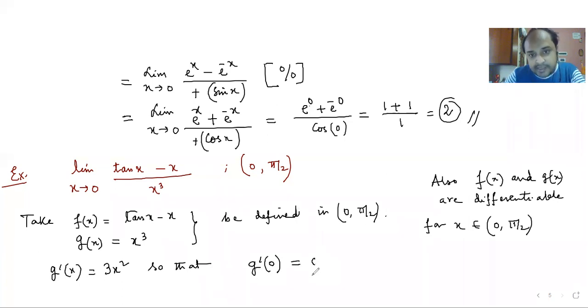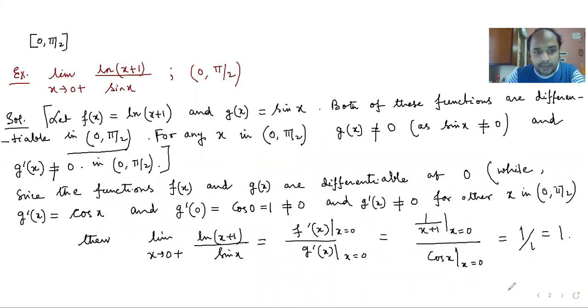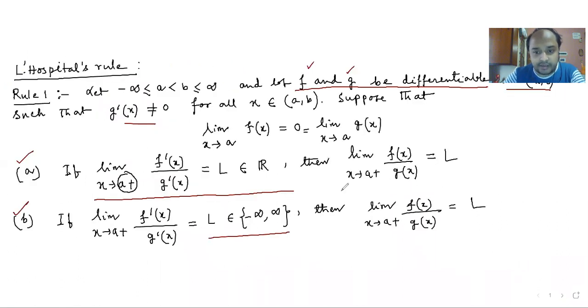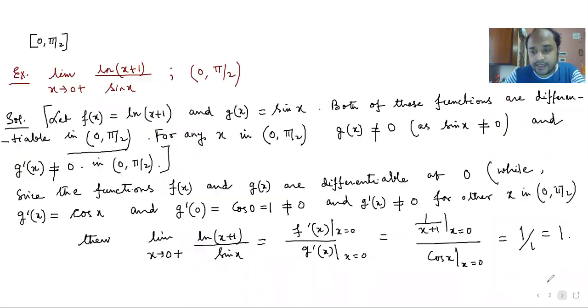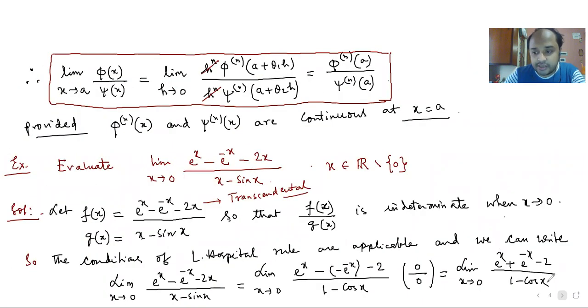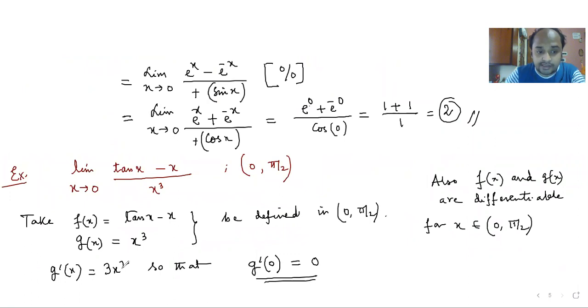Now the problem is that, you see here, g dash, what was my condition in the previous stage? My condition was that I wrote in the very first page, that g dash should not be equal to 0. G dash must be non-zero. But here we are getting that g dash x is 0 at x equal to 0.